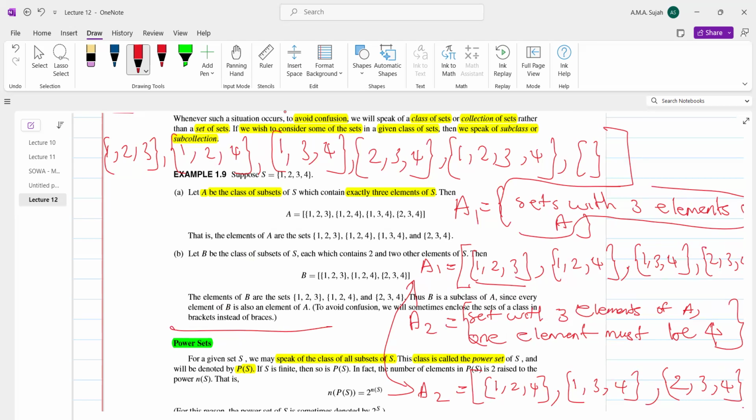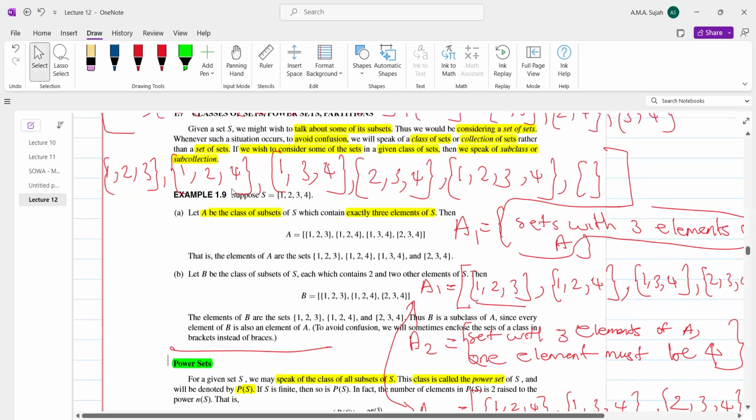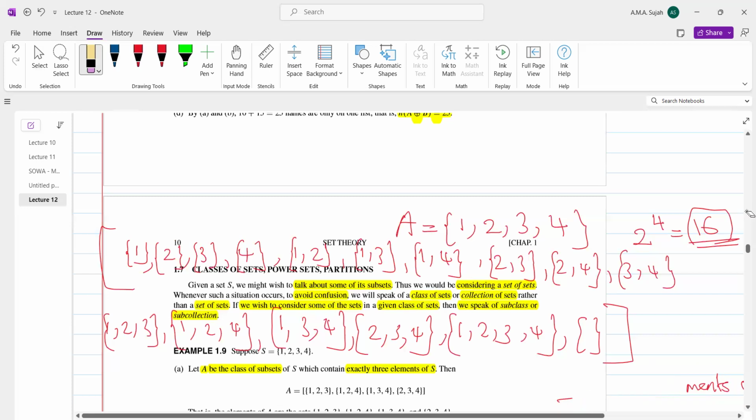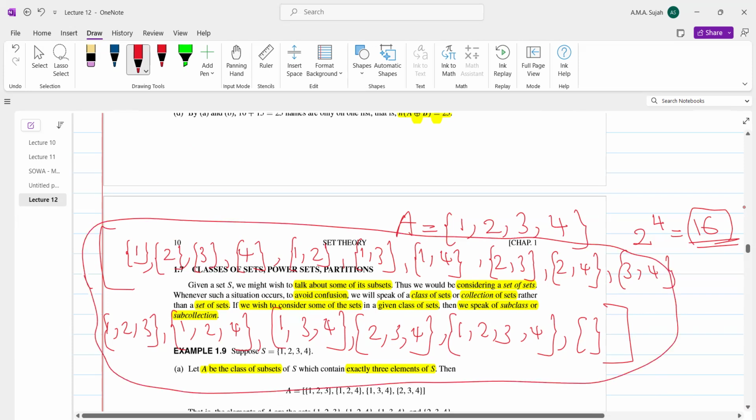In the previous example, for set A we have 4 elements, so 2 to the power 4, that is 16 subsets. These 16 subsets we can call the power set. So a power set means you create a set which contains all the subsets as its elements.